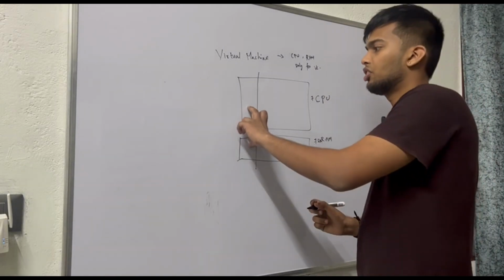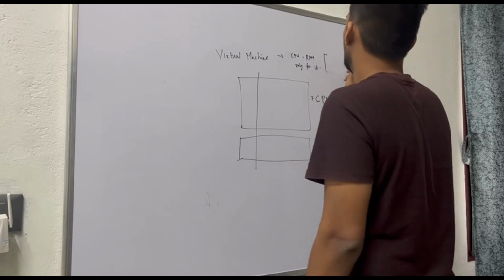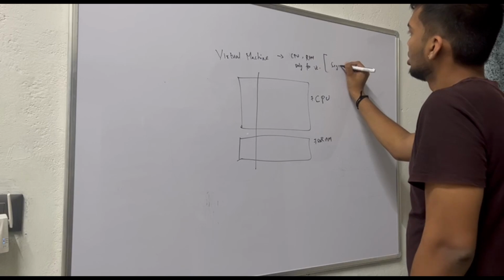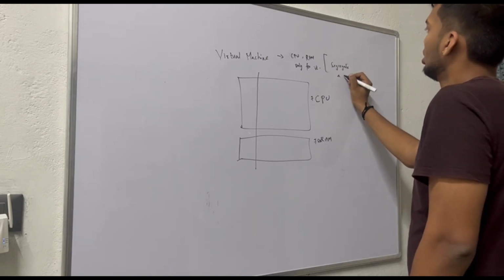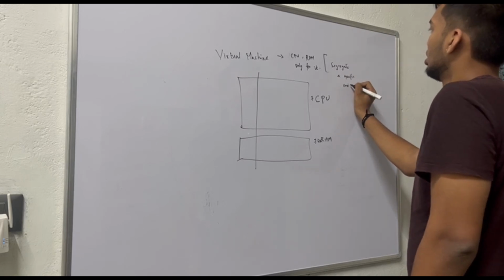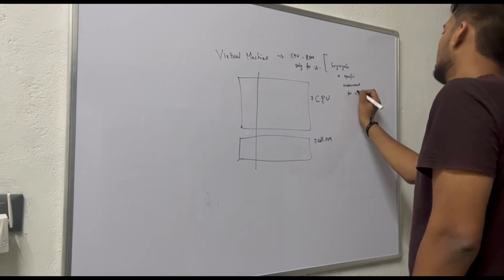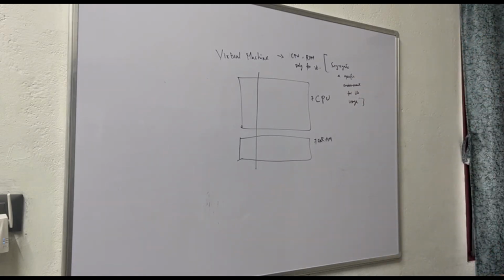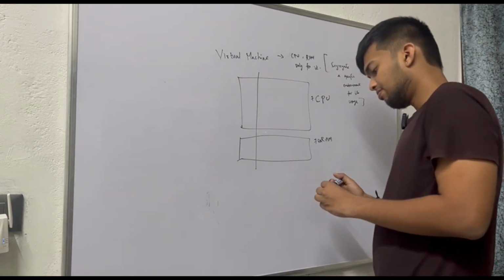So that's why we have a virtual machine, and the purpose of a virtual machine is to segregate a specific environment for its usage. That's the main purpose of using a virtual machine. Okay.